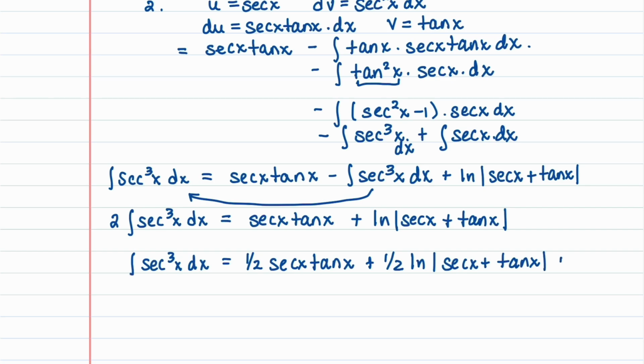Now we add on our plus c. And there's our answer. I know this was hard, but working through problems like this is really good because you are learning how to recognize patterns and decide what to do, and this develops problem-solving flexibility that you can use in all your future courses.